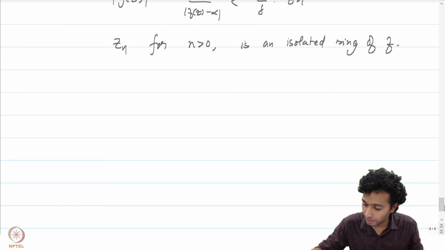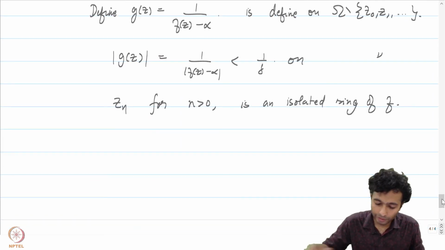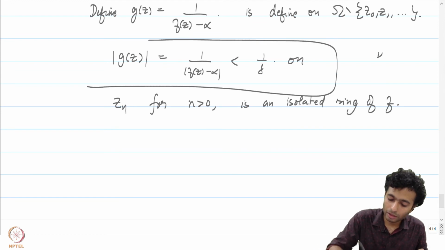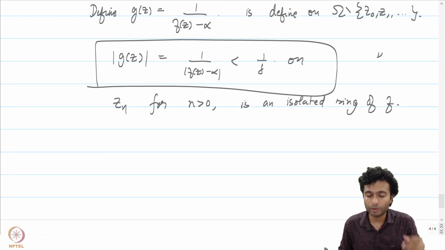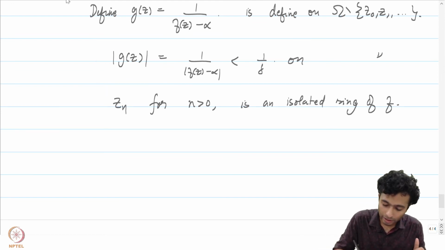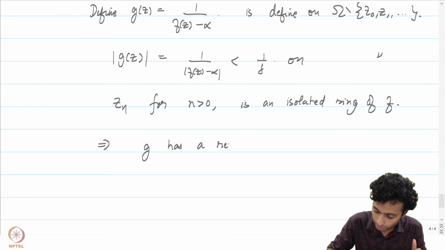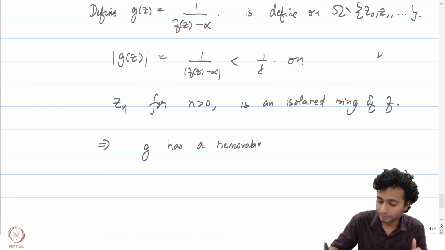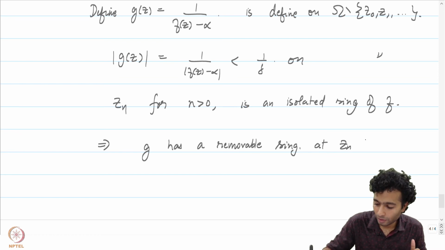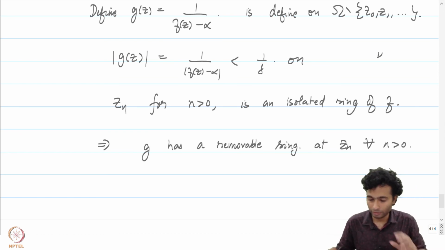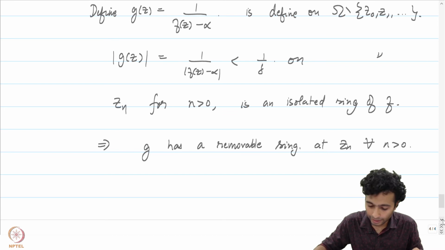And what did we just check? We checked that g is bounded in a neighborhood of each of these isolated singularities, which tells us that g has a removable singularity at zn for all n greater than 0. z0 we will come to at the very end.